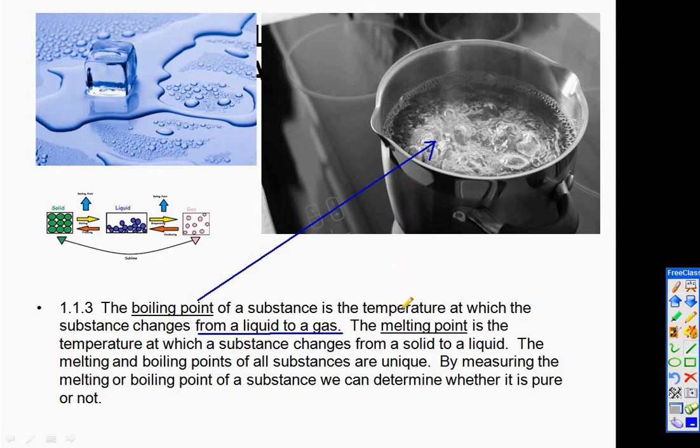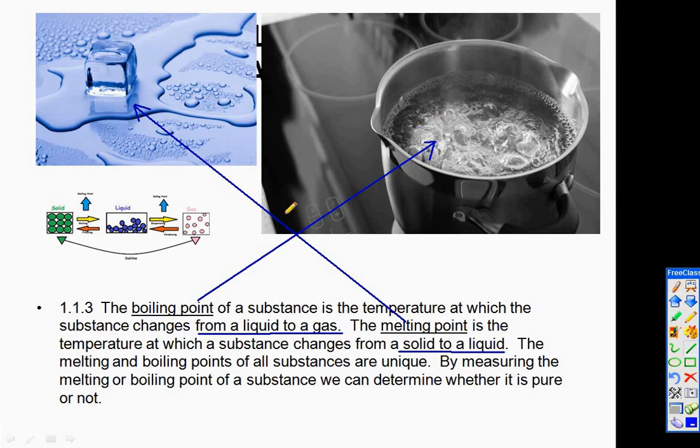and that is the point where liquid turns into a gas. On the other hand, I have the melting point. The melting point is where a substance turns from a solid into a liquid. So here the melting point of ice is 0 degrees Celsius, but the boiling point of water would then be 100 degrees Celsius.